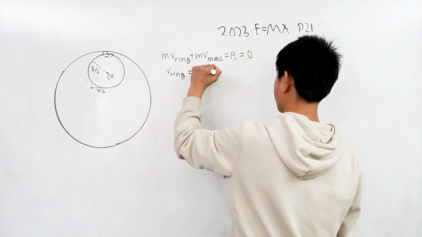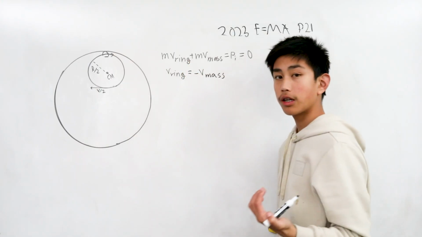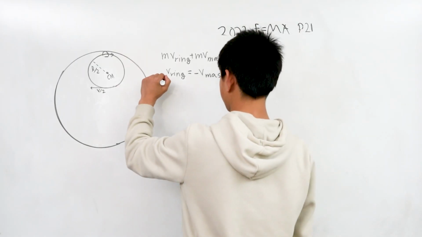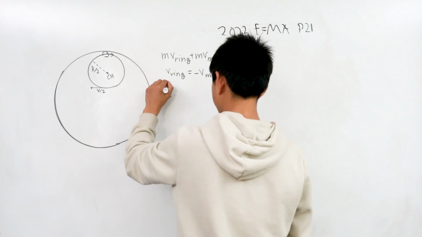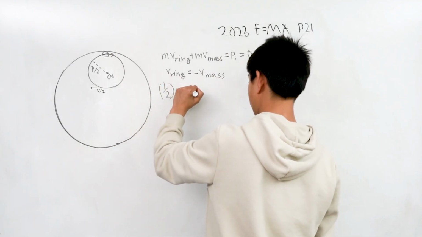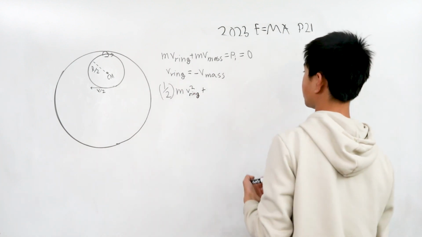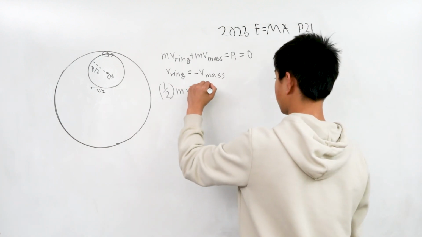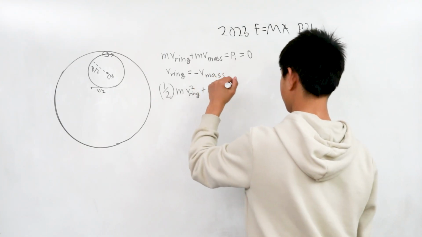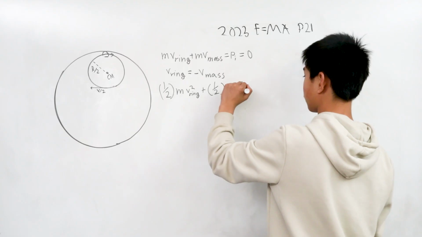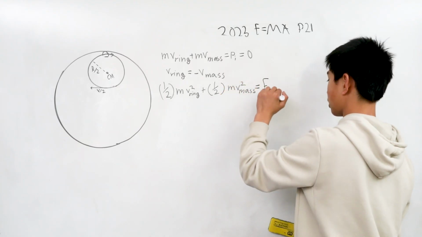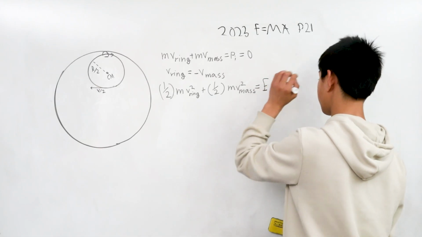velocity of the mass. Now, we can also use the energy equation by saying 1/2 mv squared of the ring, you sum the energies of the ring and the mass, and you add 1/2 mv squared of the mass, equal to the initial energy, which is also 0.